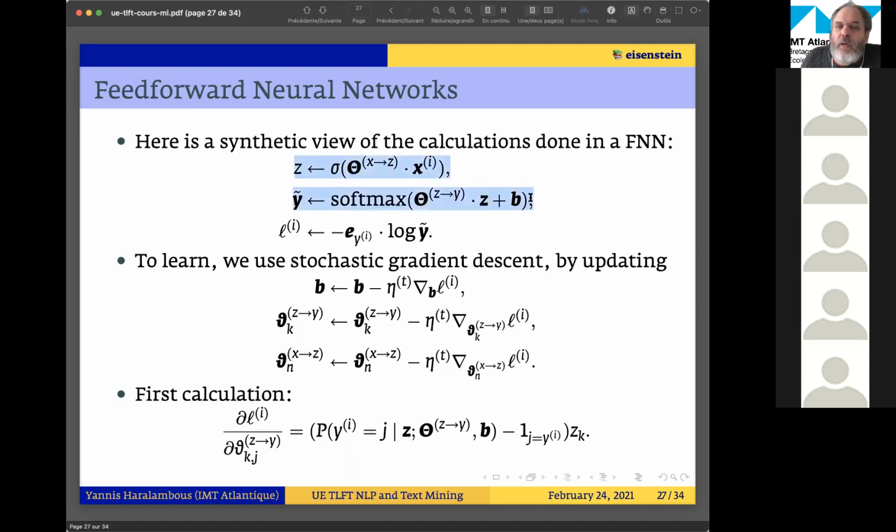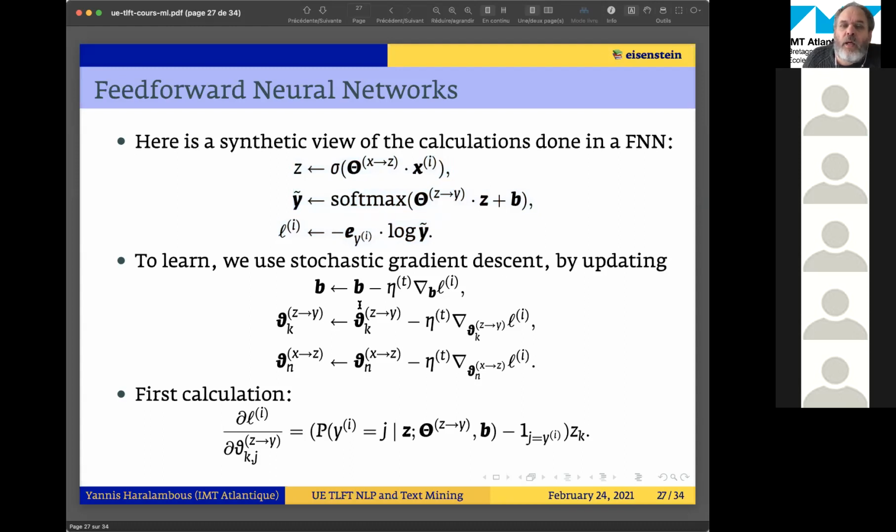These are the calculations of values, and this is the loss. The loss is this vector with the real value of individual i times the log of the prediction. And these three steps will allow me to define my stochastic gradient descent.